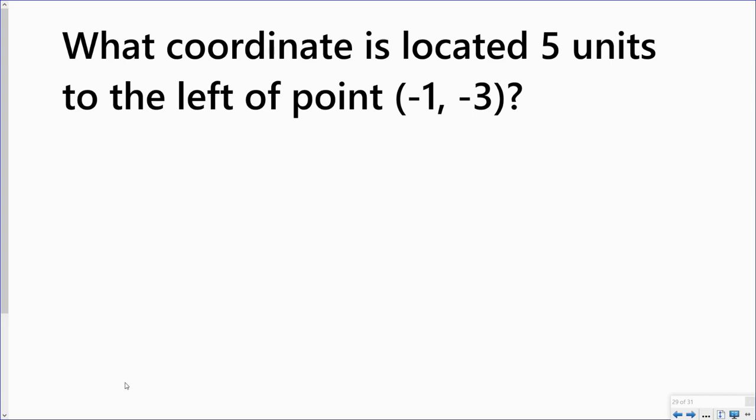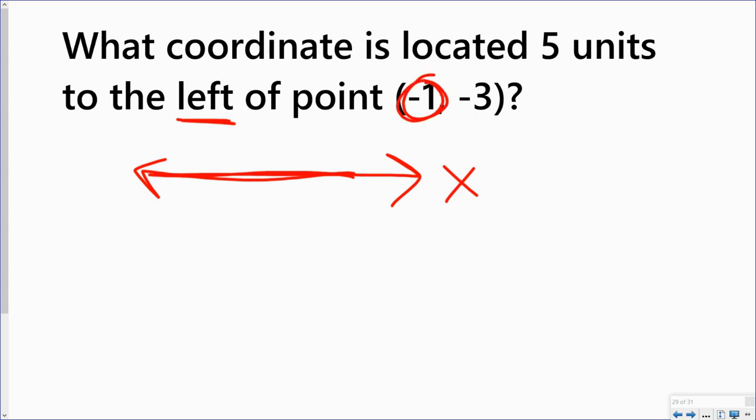What coordinate is located 5 units to the left of point -1, -3? So I'm going left, which is this direction. And when I move left or right, I am dealing with the x-axis. So that means my x-axis is going to change and my y-axis is going to stay the same.